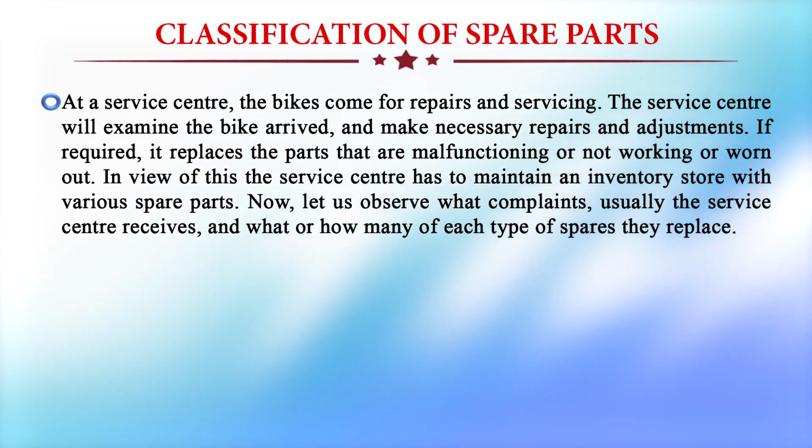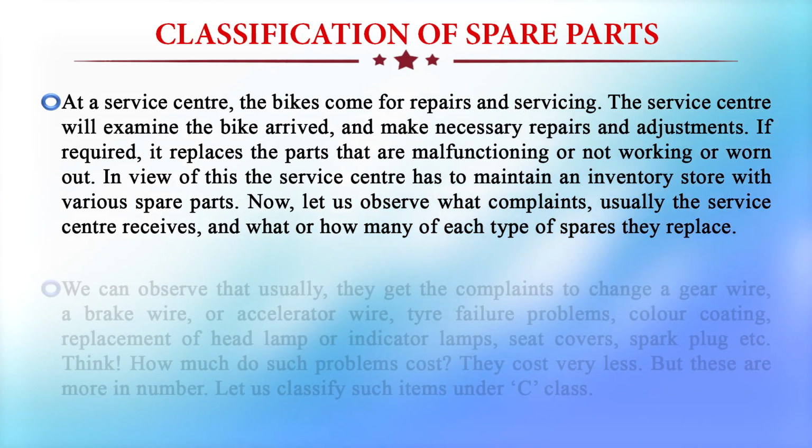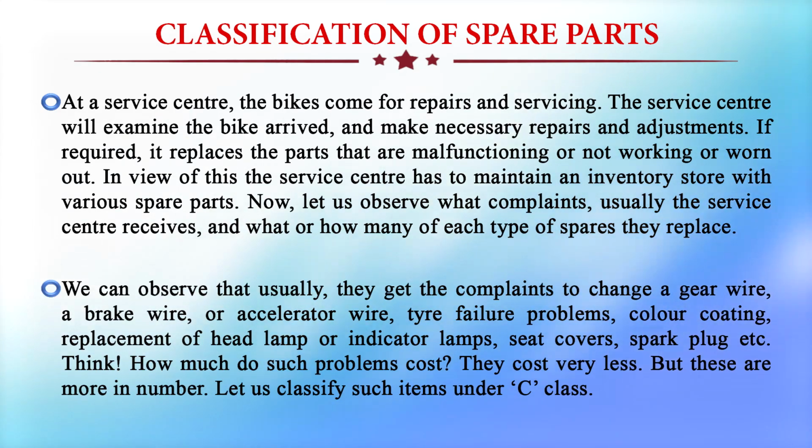So, we can take feedback from the repairman on how many parts were used today, and every month we calculate which parts are mostly consumed. Usually they get complaints to change a gear wire, a brake wire or an accelerator wire, a tire failure problem, color coating, replacement of headlamps or indicator lamps, seat covers, spark plugs, etc.